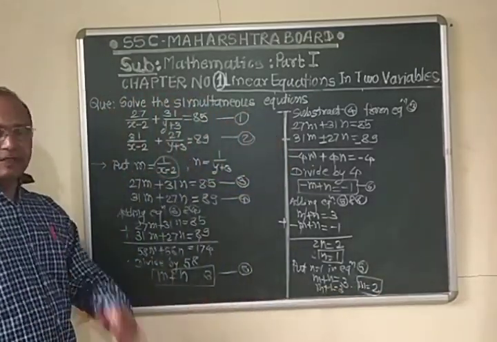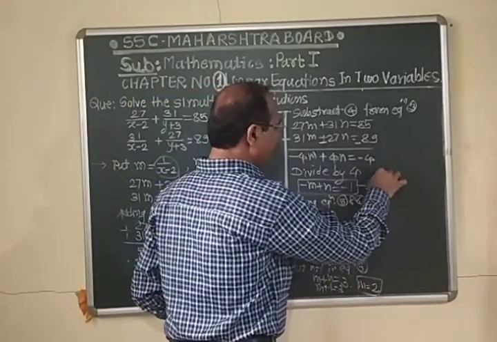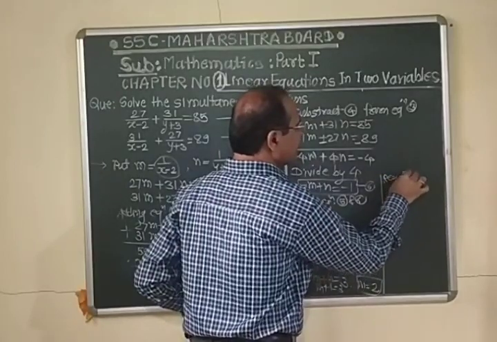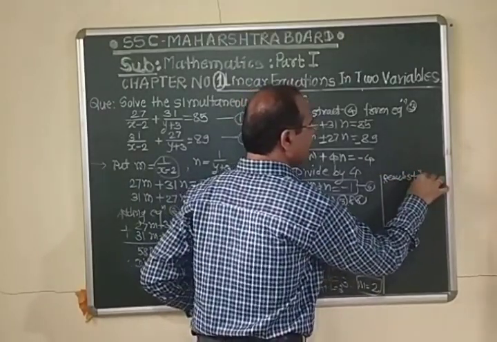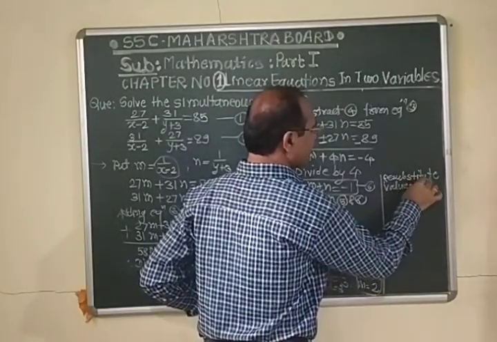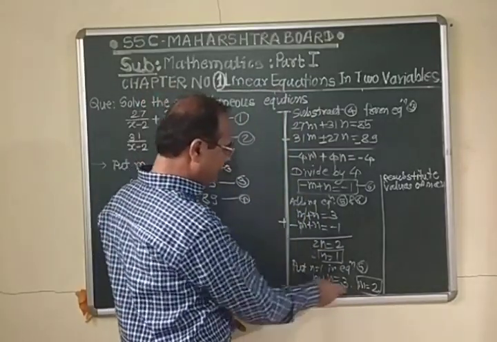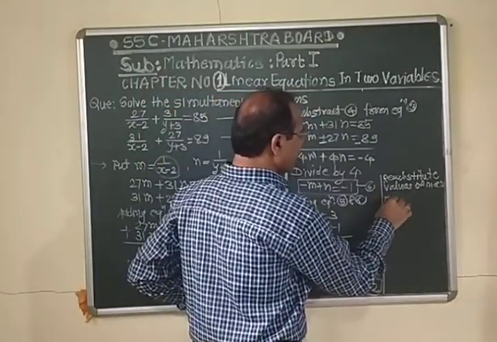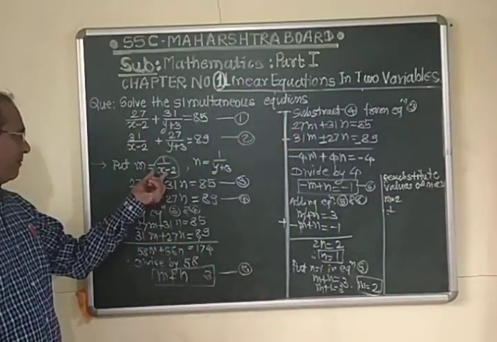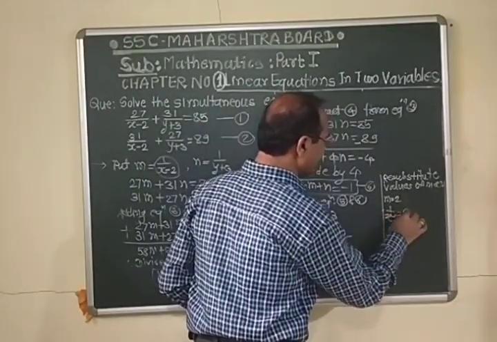Now at the last step, we have to find out what x is. Resubstituting the values of m and n: m is equal to 2, and m is nothing but 1 upon x minus 2. So 1 upon x minus 2 equals 2.